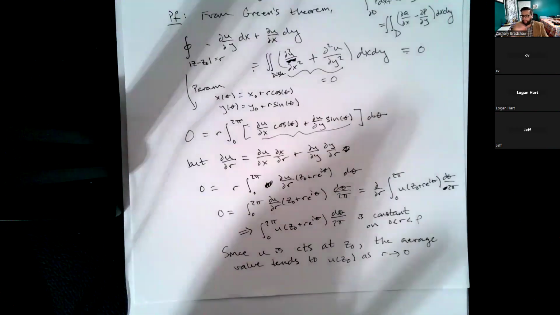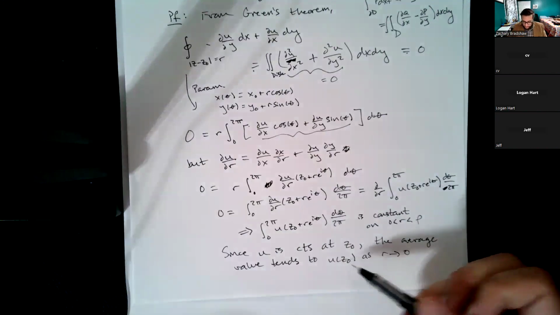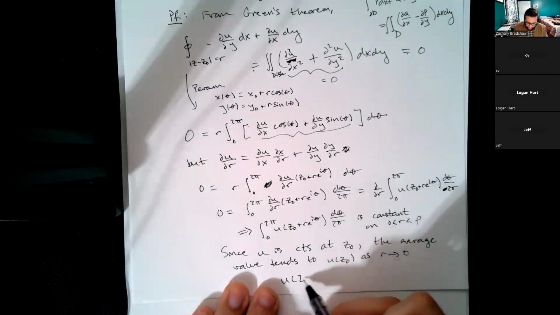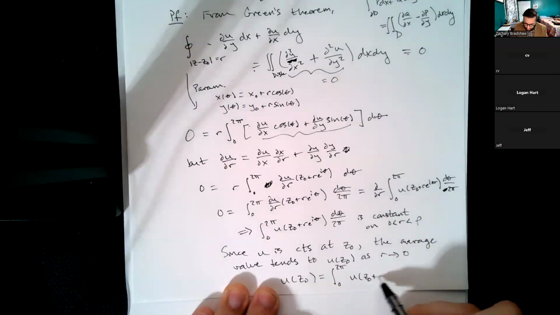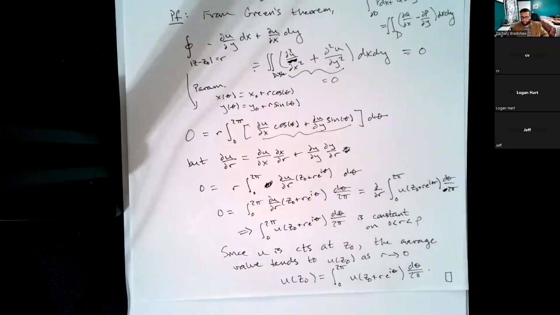This is the thing we showed before I even stated the theorem. But if it approaches u of z0 and is constant, then it must be equal to u of z0. So we have u of z0 equals the integral from 0 to 2 pi of u of z0 plus r e to the i theta, d theta over 2 pi. That completes the proof.